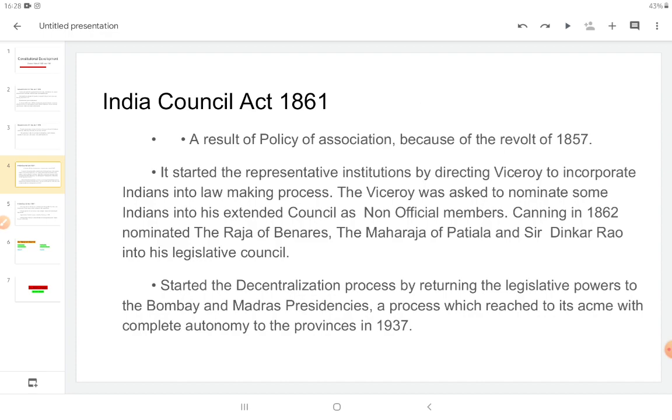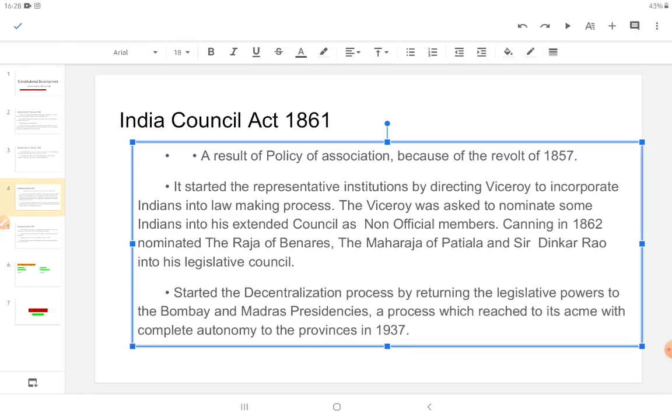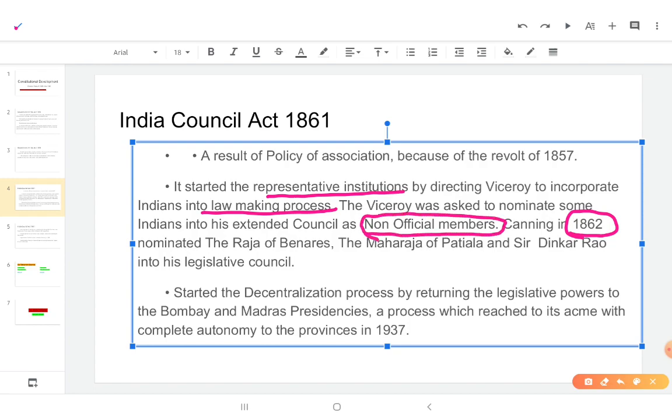So for this, it started the representative institutions as well, okay, to accommodate Indians into the system. Representative institutions by directing Viceroy to incorporate Indians into lawmaking process. Now the Viceroy, on the recommendations of this, in 1862, first time incorporated some Indians as non-official members to his council.